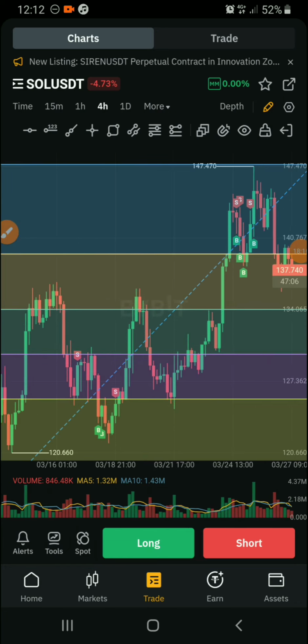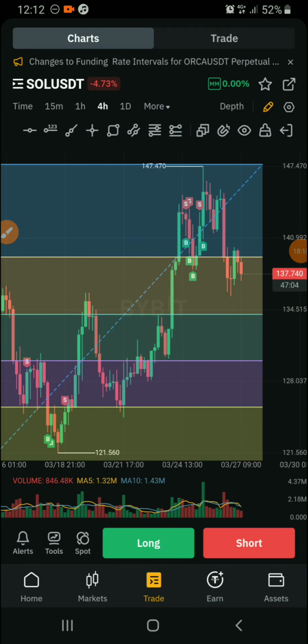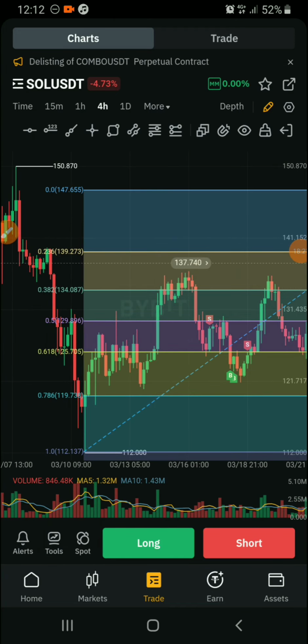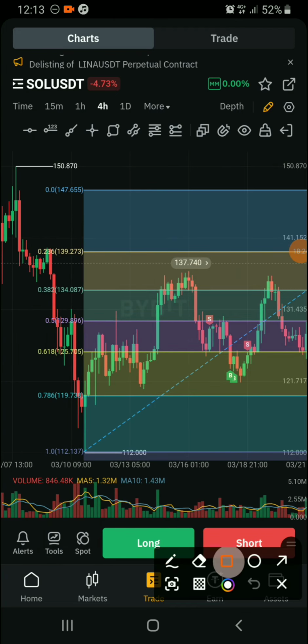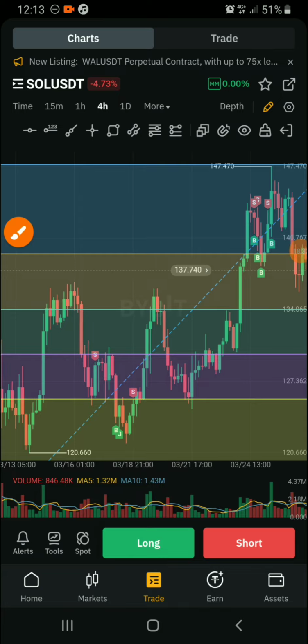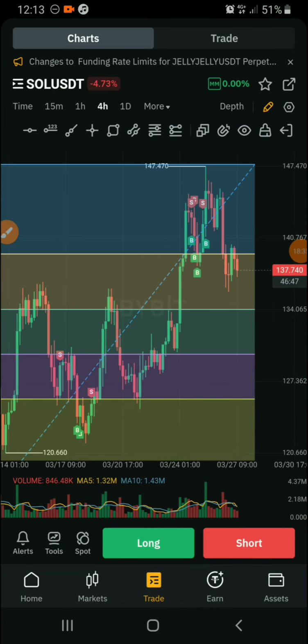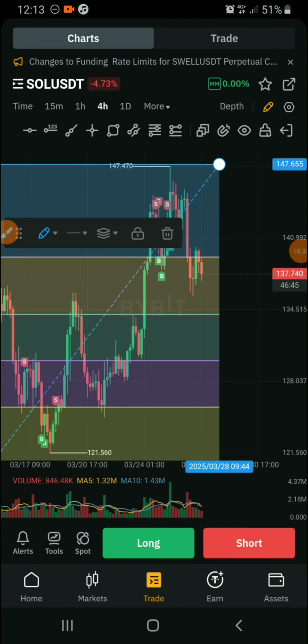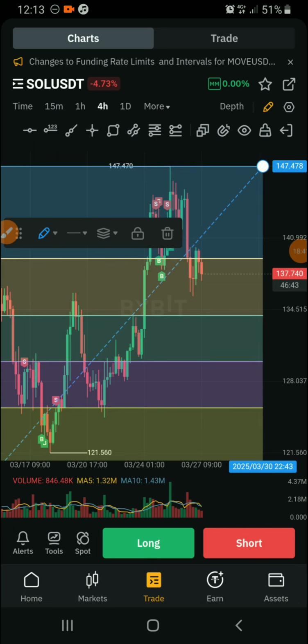If we are going to wait, you're going to see this green zone, let me indicate it so that you can understand what we're talking about. This is the zone of the 0.382. Let me draw this Fibonacci a little bit wider.